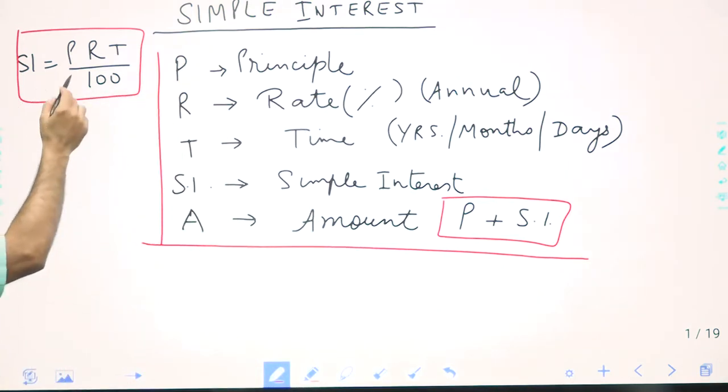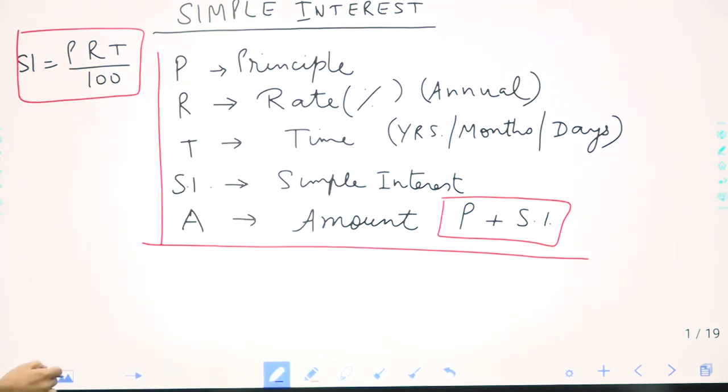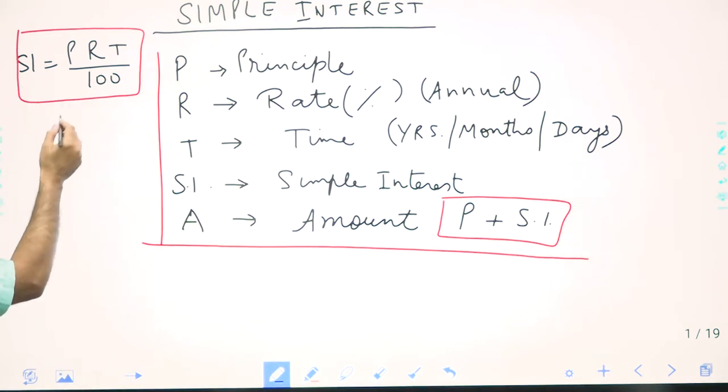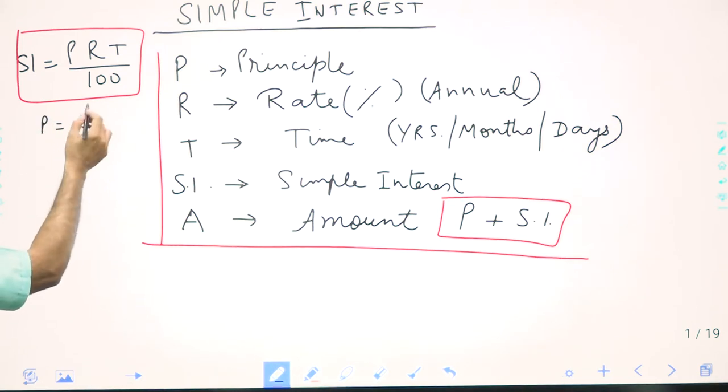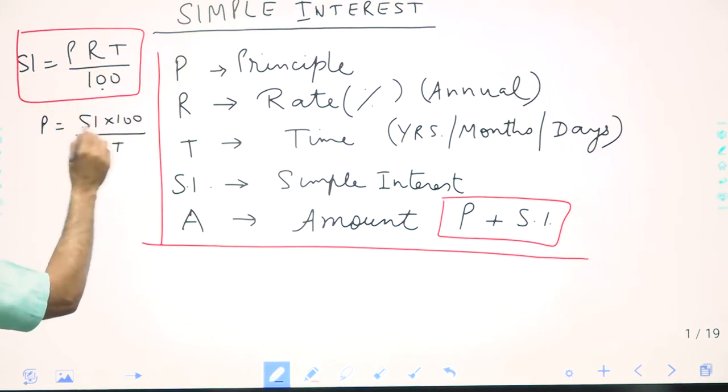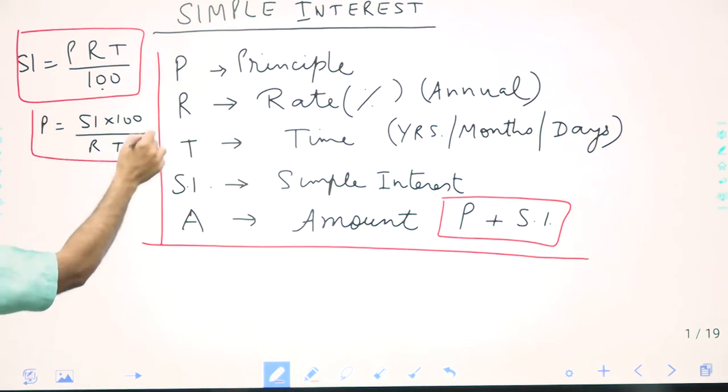Now if I want to calculate P, principal, out of this formula let us bring this 100 here and RT towards the other side. So principal is equals to SI, 100 is divided here, it will come and multiplied here, and RT is multiplied here, so it will be divided here. So SI into 100 upon RT.